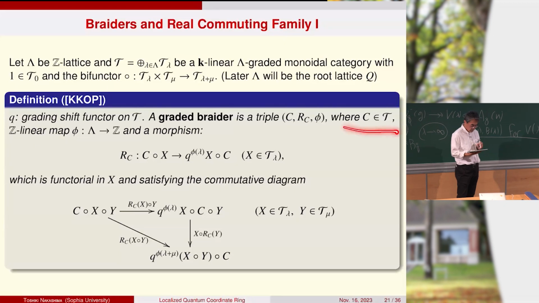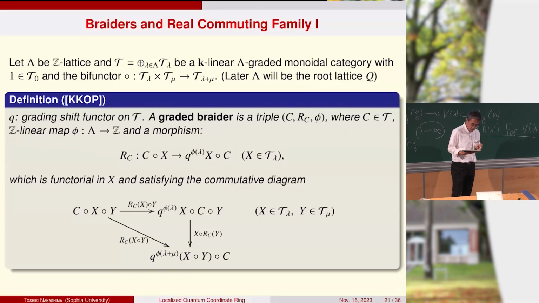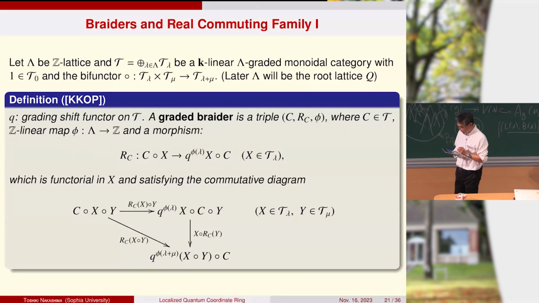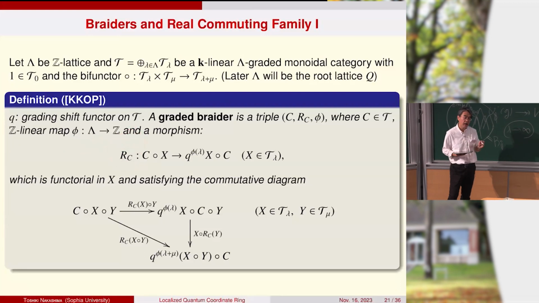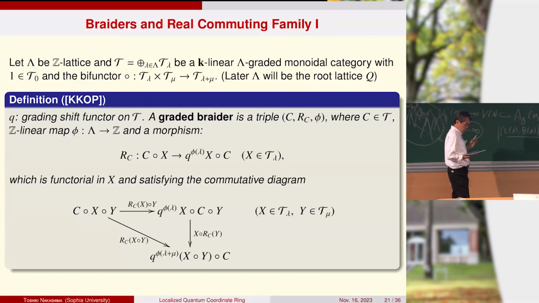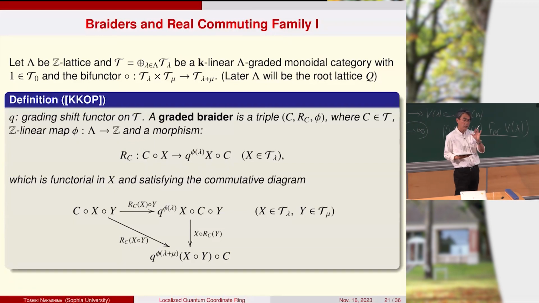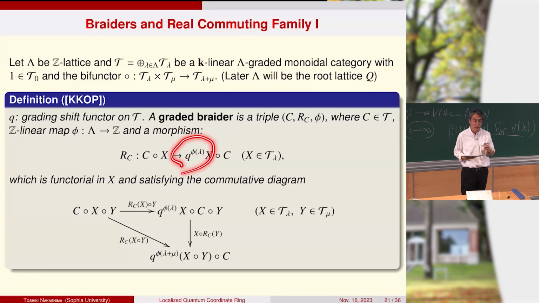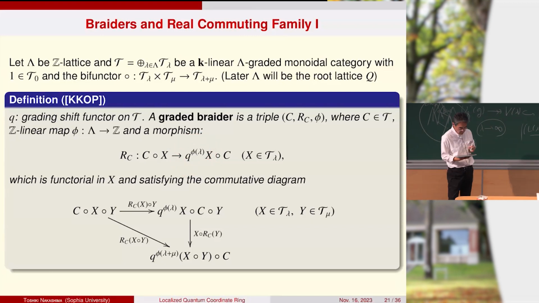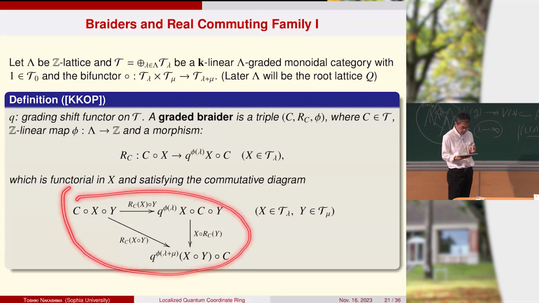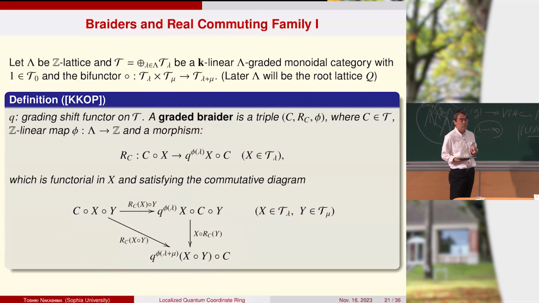C is the object, and phi is a Z-linear map from Gamma to Z, and R_C is like the R-matrix, from C circle X to X circle C with some q powers. Then they satisfy the following commutative diagrams. Then we call this a graded braider.